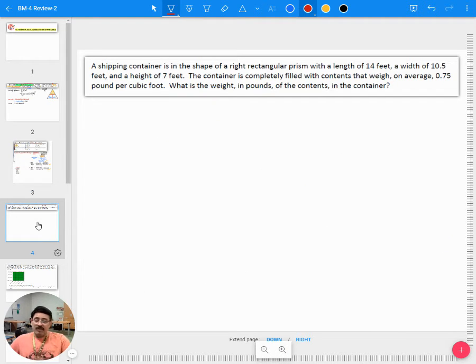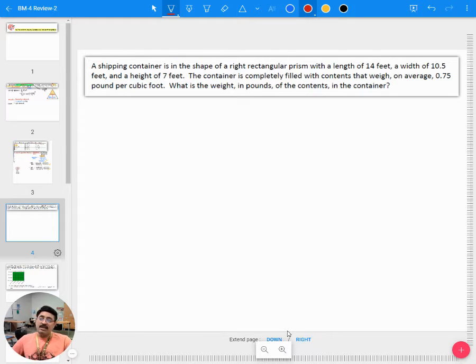This is slightly different. A shipping container is in the shape of a right rectangular prism. I hope you remember how to compute the volume. So let's quickly jump to the question.